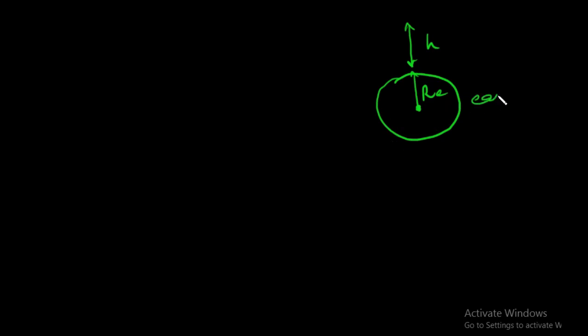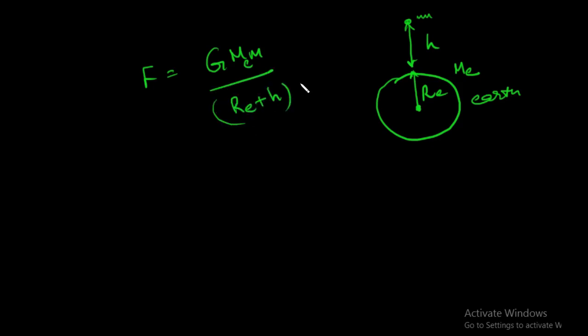Alright, so consider this. This is the earth and this is the particle, something of mass m, and the earth is of mass Me. The particle is at a height h from the surface of the earth. Now what will be the force of gravitation? Force would be equal to G M m, this would be Me by (Re plus h) whole square. This would be the force.